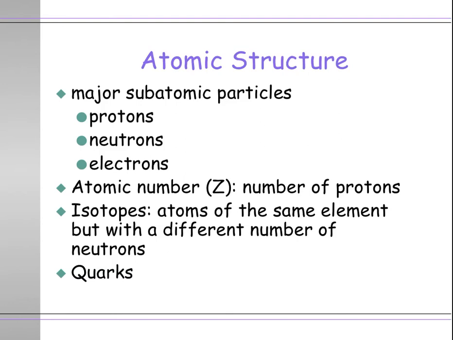However, they do have a different number of neutrons. And then we have quarks. Those are tiny particles which actually form our protons and neutrons. We are not going to study those. We're going to stay with protons, neutrons, and how to calculate the atomic number and isotopes.